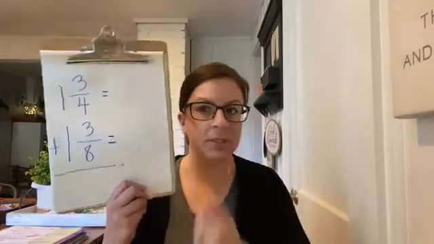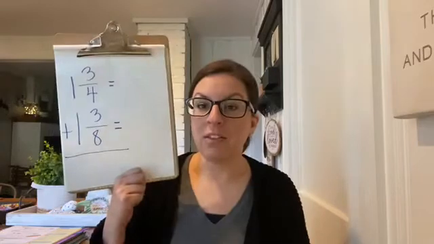So let's look at the example. It says, how many pounds of dried bananas and raisins did Luke use? Okay, so we need to add 1 3/4 pounds together and 1 3/8 pounds together.